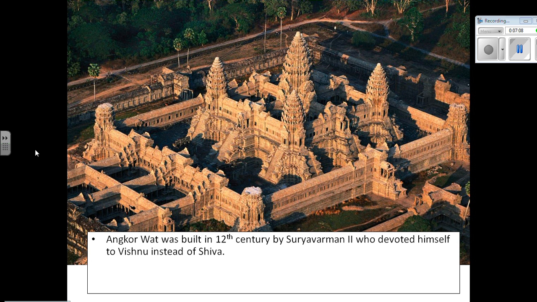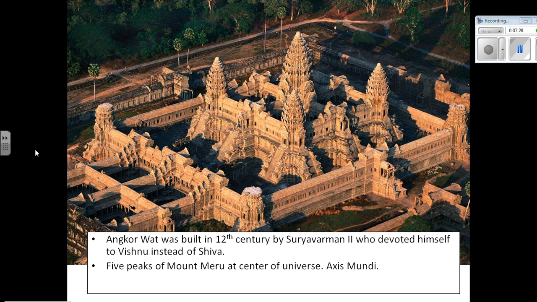Still very much Middle Ages, by a leader named Suryavarman II. And he changes course. Since Jayavarman, all of the rulers were associated with Shiva. Suryavarman associates himself with Vishnu.